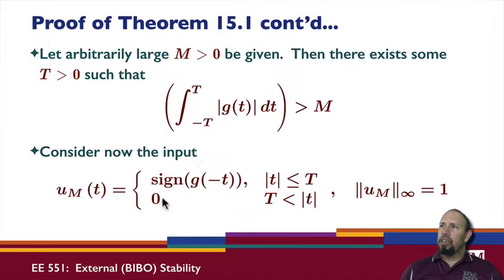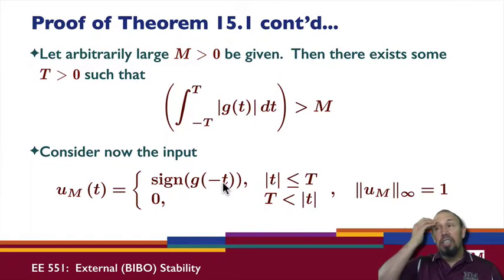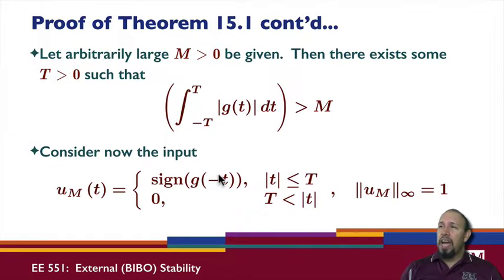So now we're going to consider this input: u is equal to the sign of g of minus t. We use this because we're going to use the convolution, and this helps us with the convolution. The signum function is 0 if the argument is 0, it's minus 1 if the argument is negative, and it's positive 1 if the argument is positive.